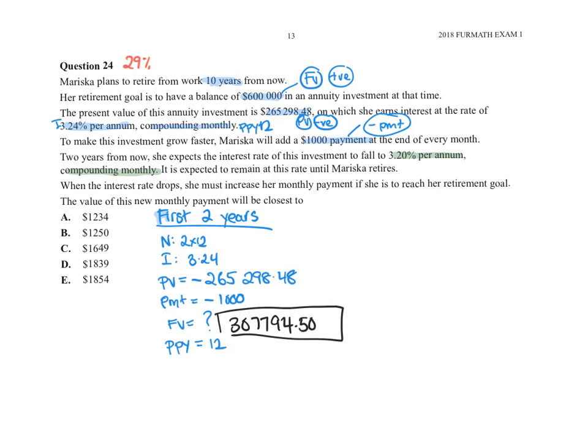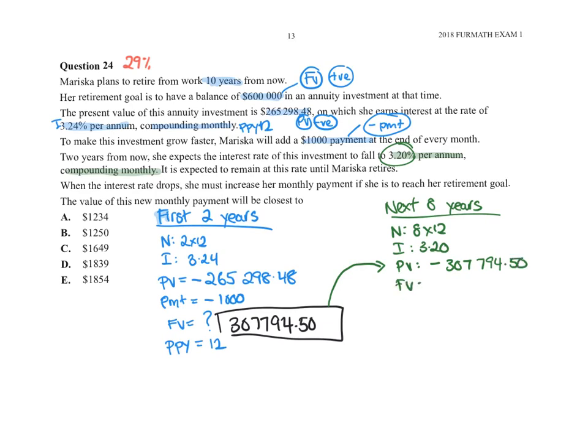So what I'm going to do is the next scenario, which is the next 8 years, because remember it was 10 years in total. So I'm going to do 8 times 12. Now this is where the interest rate changed, so I'm going to do this new one, 3.20. Now, how much is she investing now? That's where we're going to put this in, and it becomes a negative again. So I'm pretending she's investing that again.